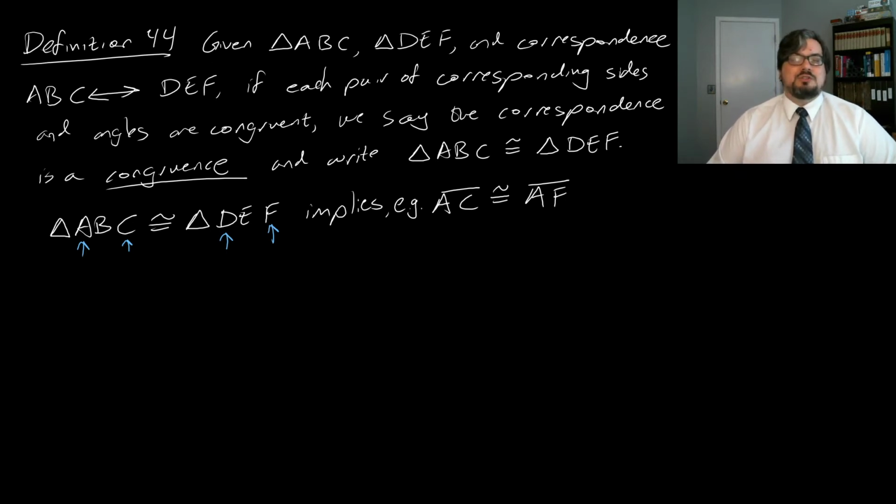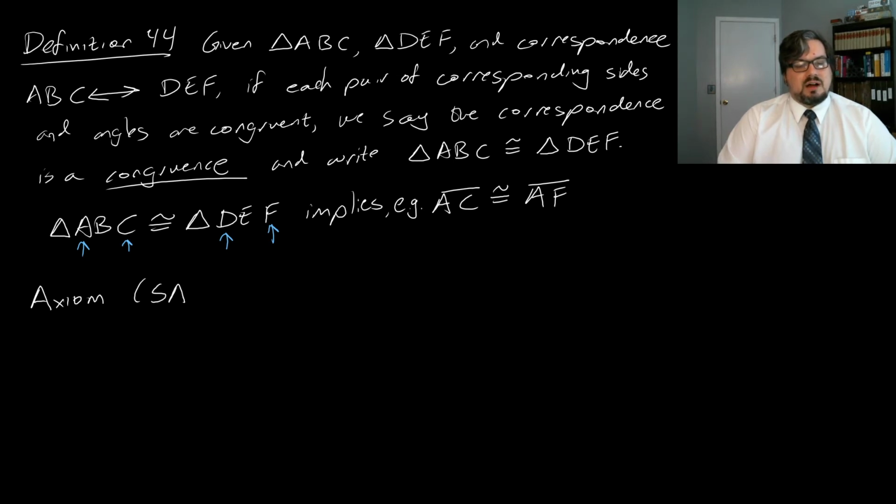We've got a few options for what we could take, but we are going to follow the most traditional method here and use side angle side as our axiom. So, we're going to call it side angle side, or the side angle side postulate.